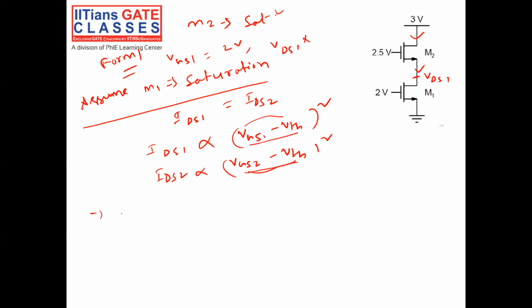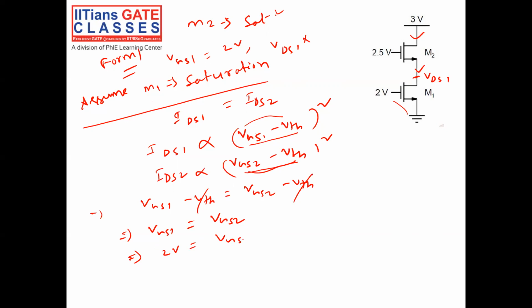So this implies VGS1 minus VTH should be equal to VGS2 minus VTH in order to ensure that transistors M1 and M2 are in saturation and the same current is flowing. So VTH gets cancelled. This implies VGS1 is equal to VGS2. What is VGS1? It's 2 volt, right? So 2 volt is equal to VGS2.